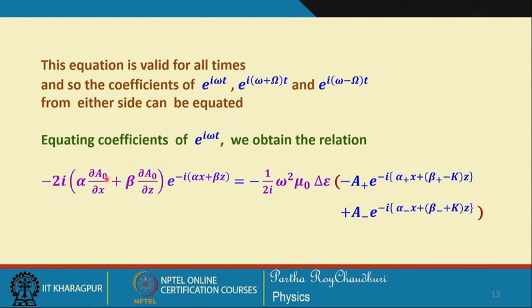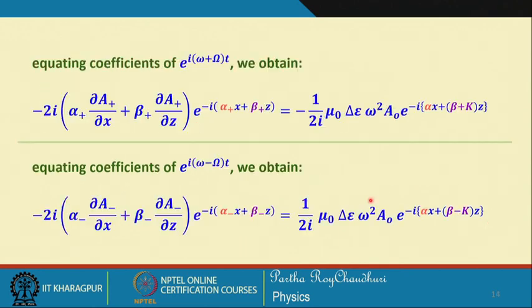So, therefore, we can write this equation, and similarly for this and for this you have a set of two similar equations, just plus is replaced by minus, and you have this beta plus k, here it has become beta minus k.